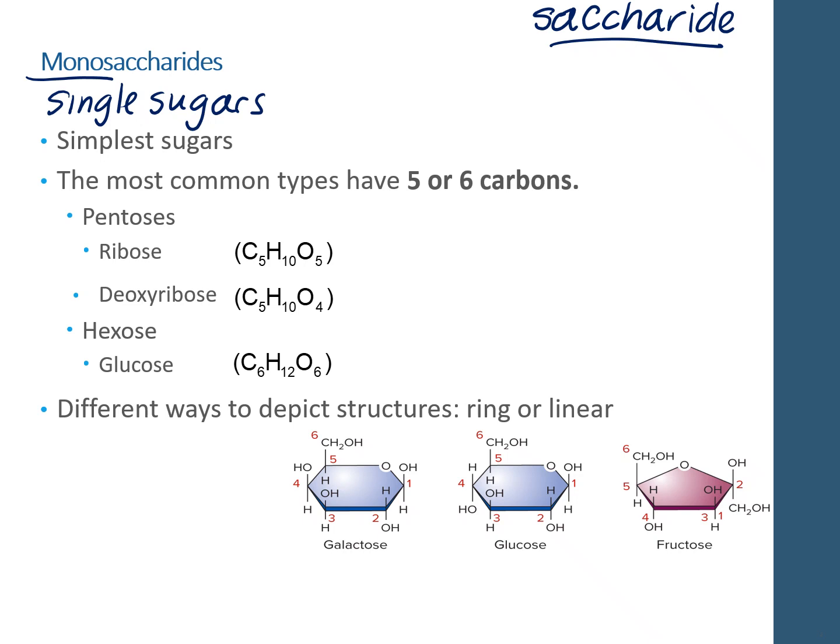A few of them are really, really important in biological molecules. Ribose and deoxyribose, which have similar chemical formulas, are part of our nucleic acid molecules. In other words, part of our RNA and our DNA. Glucose is going to be the basis of almost all of the carbohydrates that we're going to talk about in our semester.